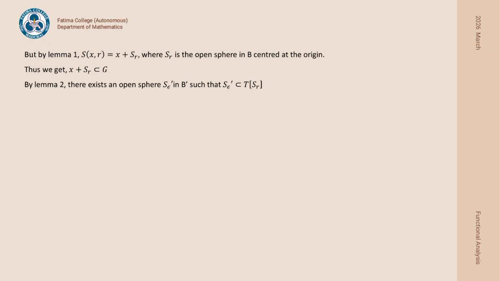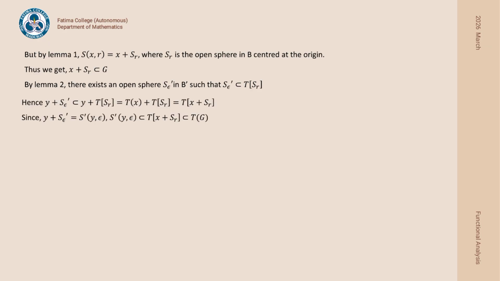As S of x comma r is a subset of G, we have x plus SR is a subset of G. By lemma 2, there exists an open sphere S epsilon dash in B dash such that S epsilon dash is a subset of T of SR.